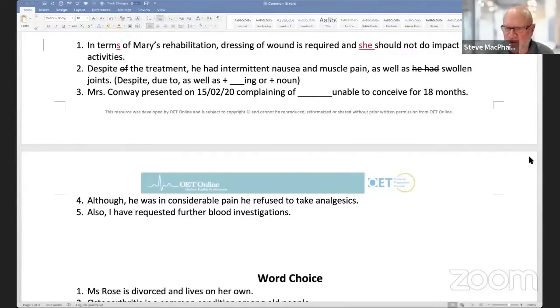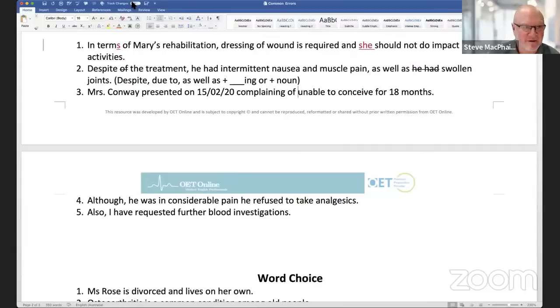The tricky one. Ooh, 76 got it. Yes, well done. Of, complained of being unable to conceive. Now you could also say complained of. There's another option.